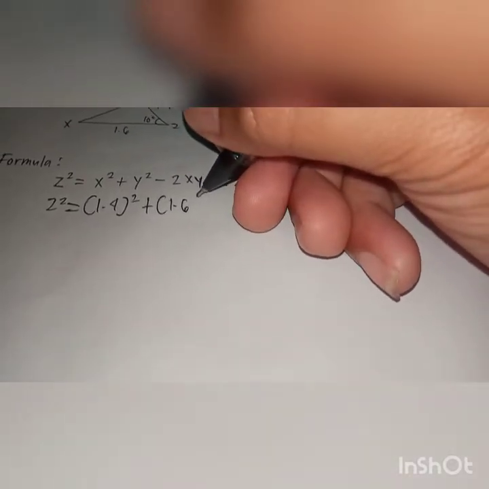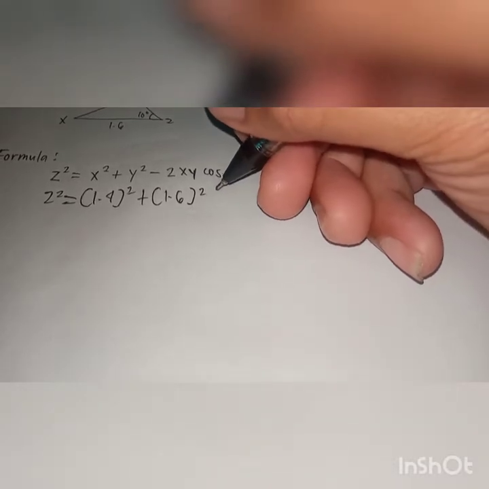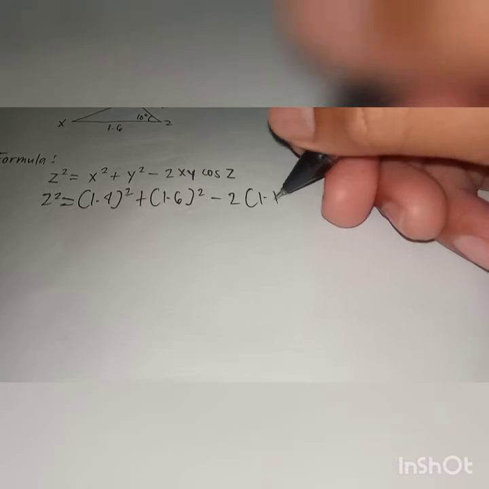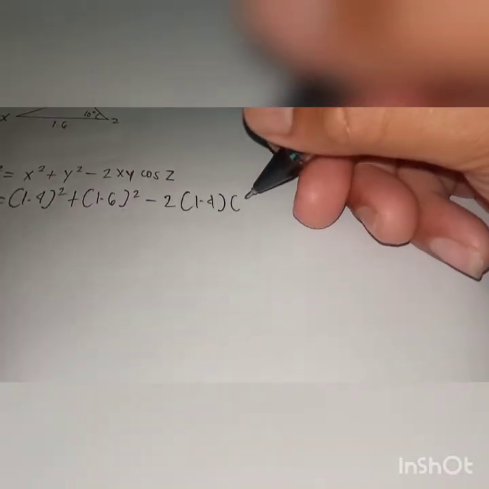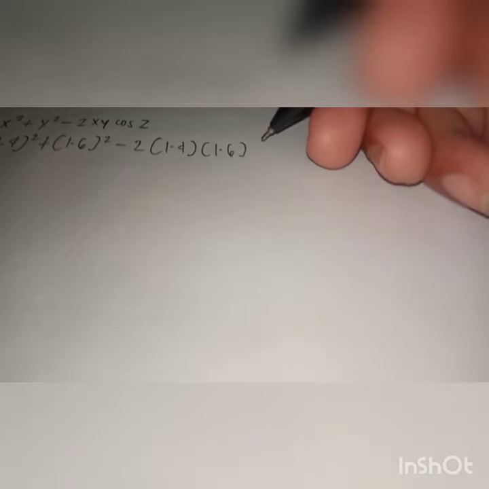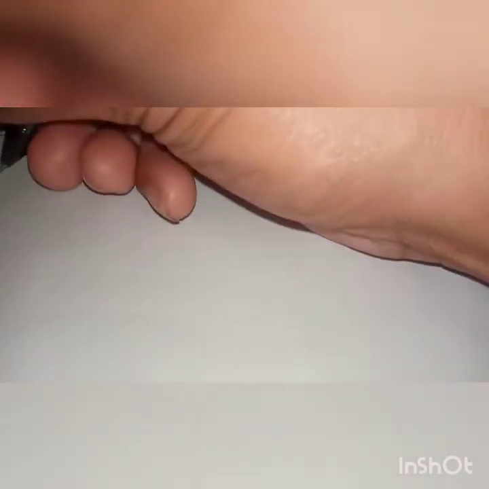z squared, the value of x, which is 1.4, squared, plus the value of y, which is 1.6, squared, minus 2 times the value of x, which is 1.4, times the value of y, which is 1.6, and the cos of 10 degrees. So the square of 1.4 is 1.96.